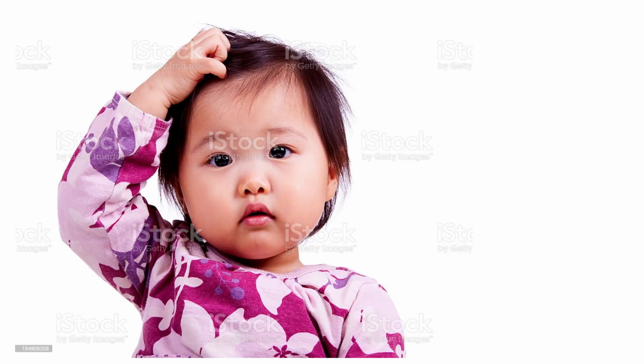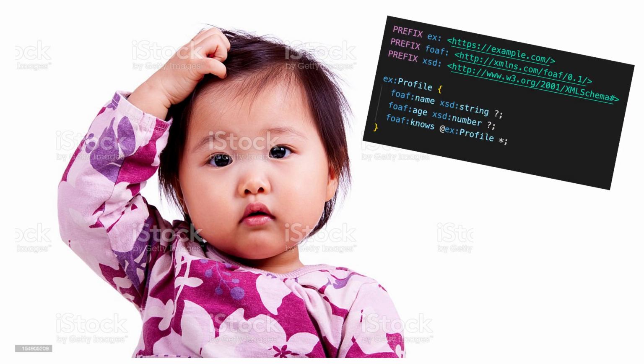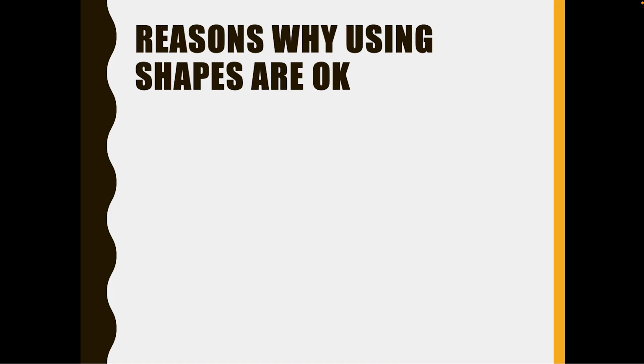But Jackson, I hear you say, didn't you just say that the average developer doesn't want to define things like JSON-LD context? Isn't asking them to define a ShEx shape even more work for them because they need to learn how to write ShEx? Yes, that may be true, but I'd argue two things. Firstly, using shapes is better because you can generate context and typings from one thing.